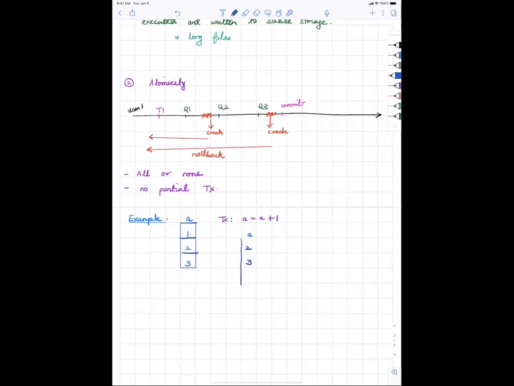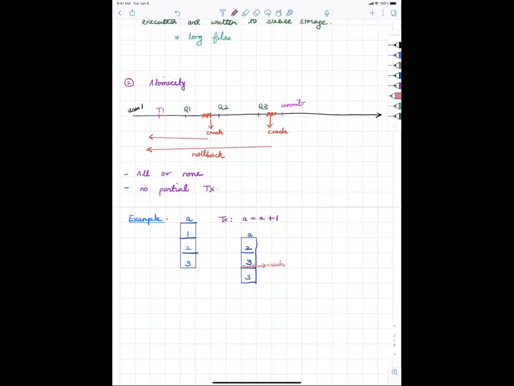While it's getting updated, you have 2, 3. At this point, suppose there's a crash. So this got updated and now there's a crash. Only half the table was updated.